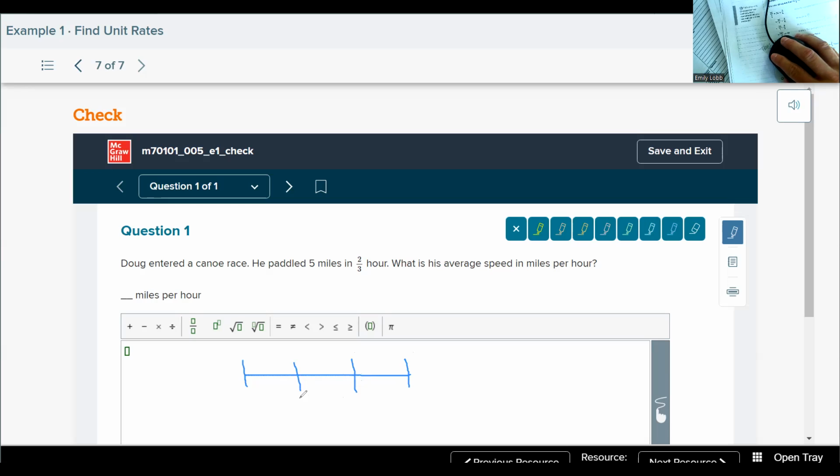So this 1/3 of an hour took so long. This 1/3 of an hour took so long. And this 1/3 of an hour took so long. So if we know that 2/3 took 5 miles, how long did 1/3 take?